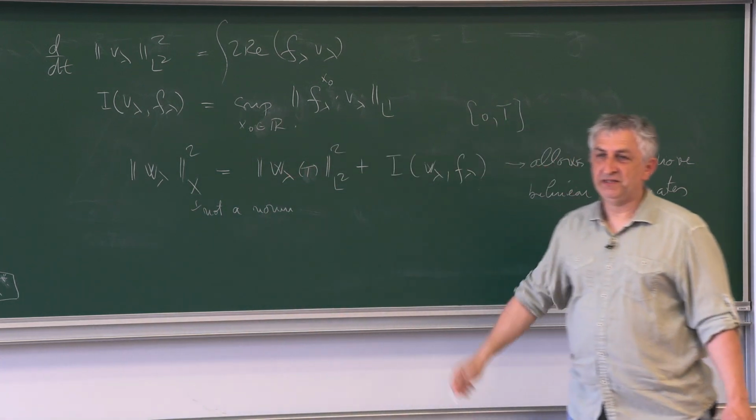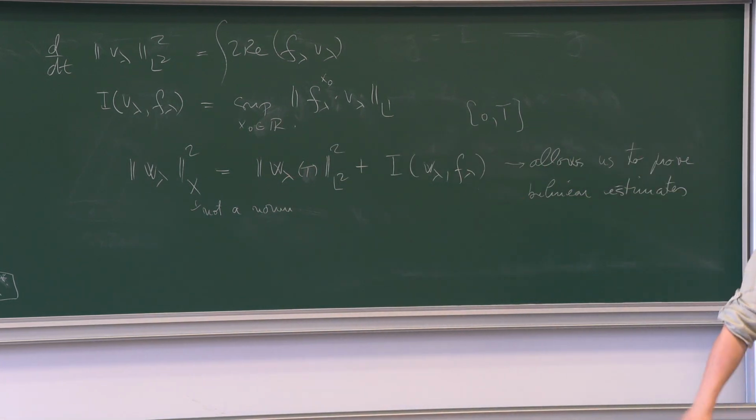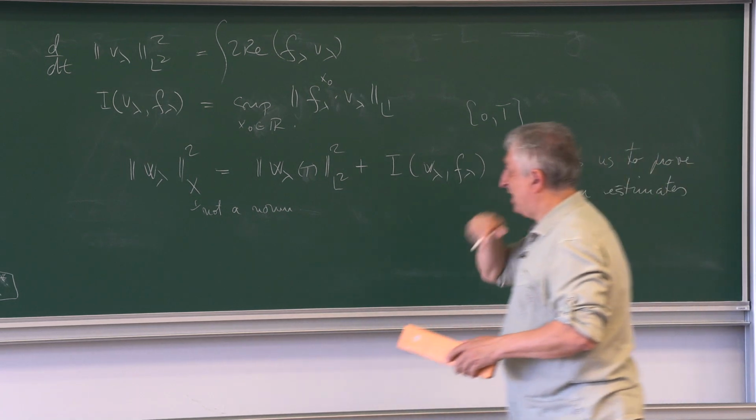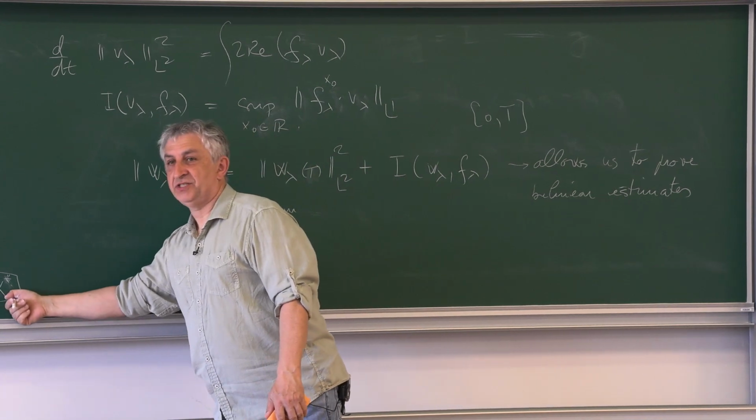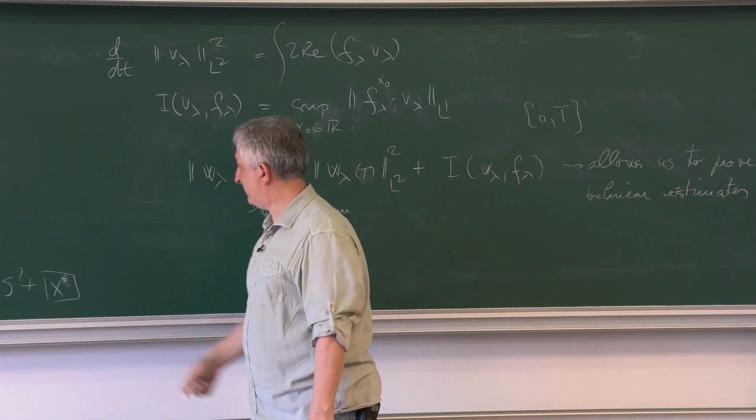And one can fiddle with this and try to turn it into a norm. It can be done, it's work and is unnecessary. And now I use this X to define X star, which is now a normed space, a Banach space.